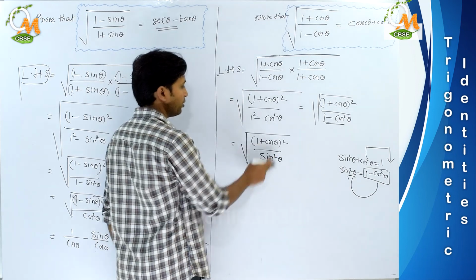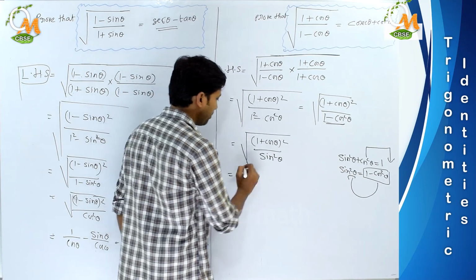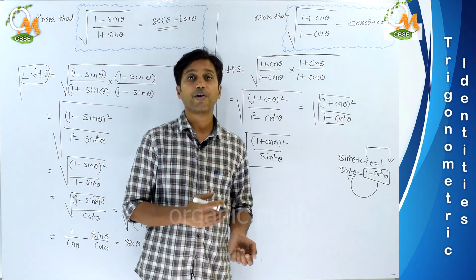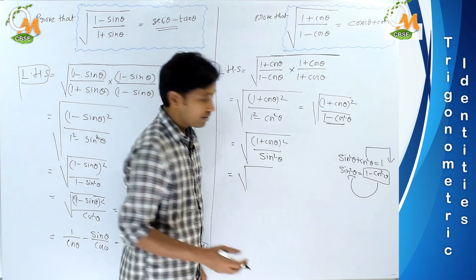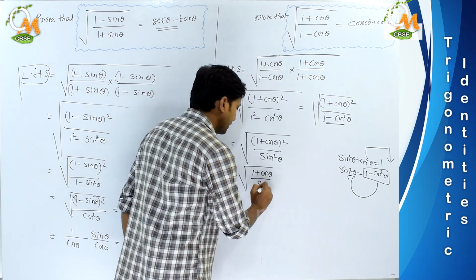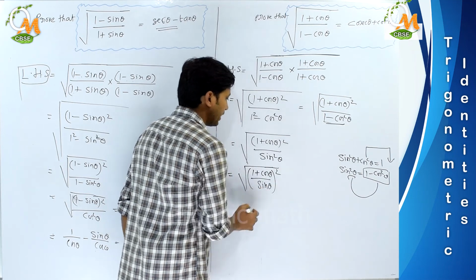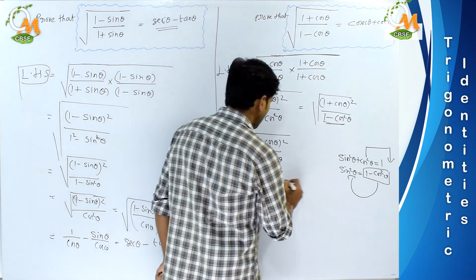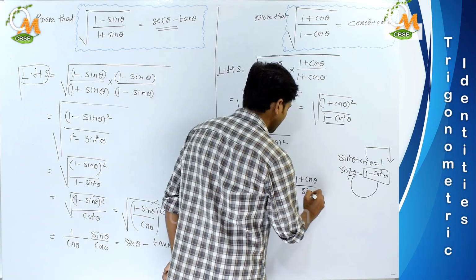Now let us write the square in common for both numerator and denominator, because a power m by b power m can be written as a by b whole to the power of m, from laws of exponents. So this is 1 plus cos theta by sin theta, whole square. Now tell me, square and square root are getting cancelled. What is left over? 1 plus cos theta by sin theta was left.